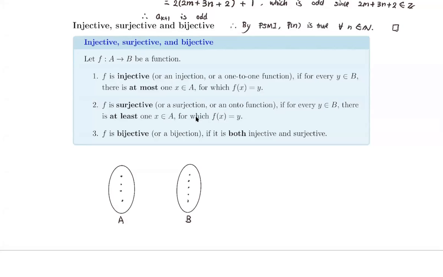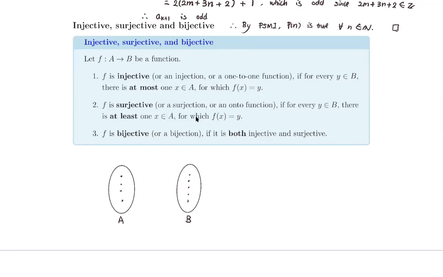F is injective if for every y in B, for every element in B, there is at most one x in A for which f(x) equals y.